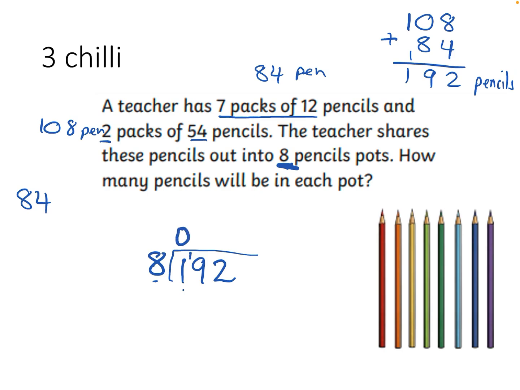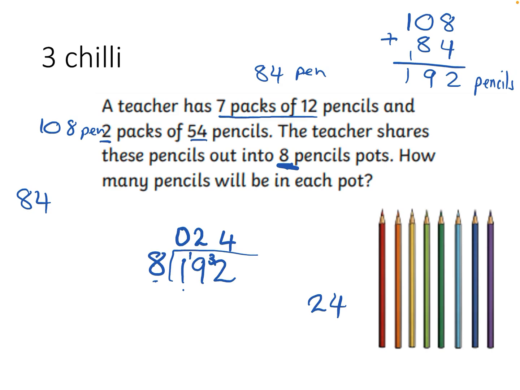How many 8s are in 19? 8, 16. There are 2. How many is left over? I'm on 16, I need to get to 19. There are 3 left over. How many 8s are in 32? 8, 16, 24, 32. There are 4 of them. So it'll be 24 pencils in each pot. I hope that's nice and clear for you.